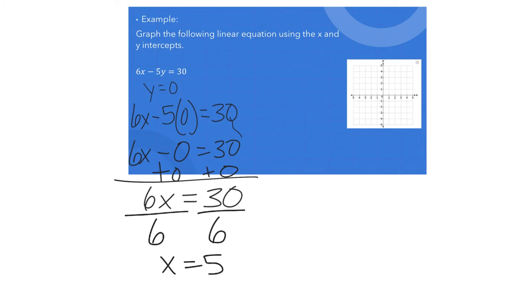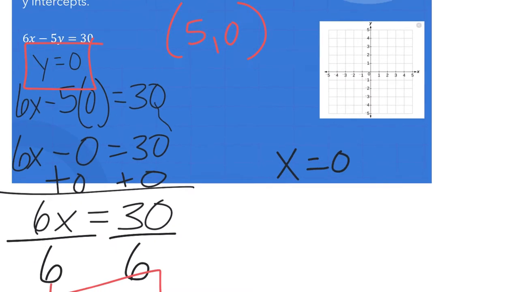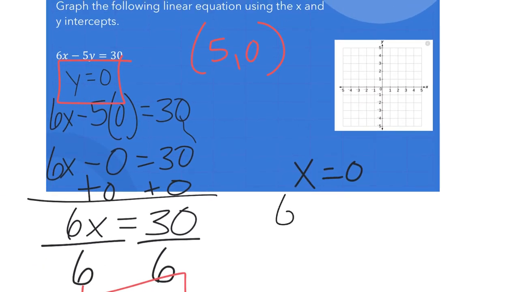So my first point on this graph, and I'm going to do it up here, we have y is 0, x is 5. So we have 5, 0 as one of our points, okay? Now moving to the next one, we're going to say x equals 0. So let's look at our equation. We have 6 times 0, because x is replaced, minus 5y, leaving y in there.